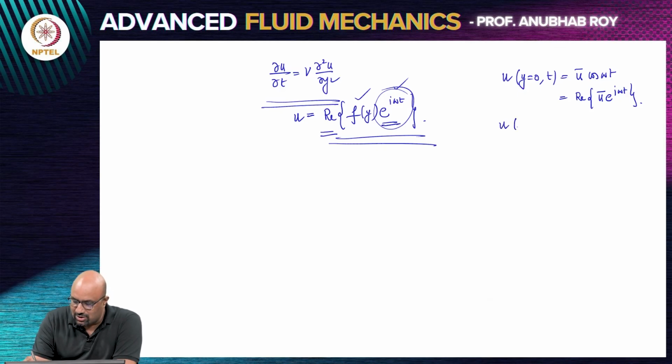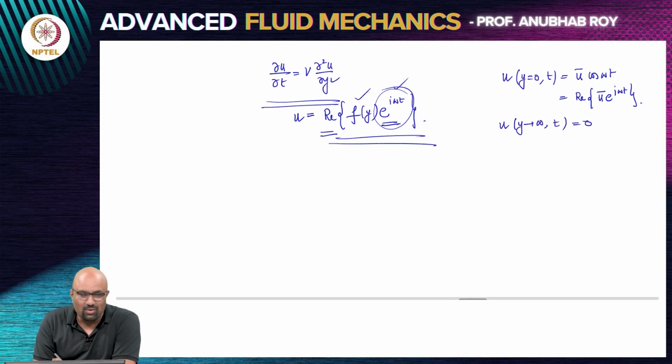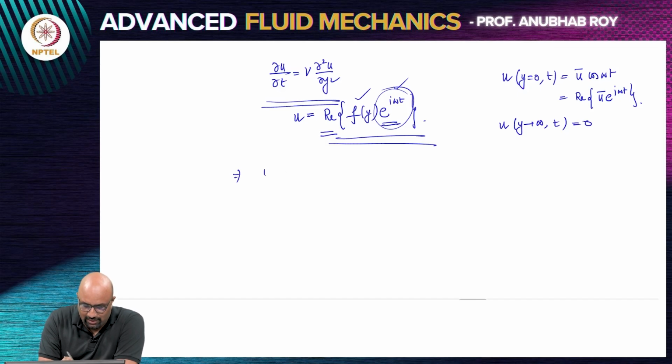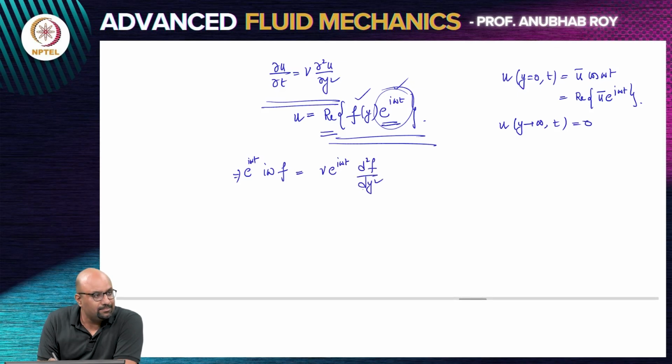The other boundary condition is u as y goes to infinity for all time will be quiescent. So I am not interested in a problem that has anything to do with initial conditions, so assuming all transients go away. So if I substitute it into that problem, I will get i omega f is equal to nu times d square f dy square, with an e to the power i omega t on both sides.